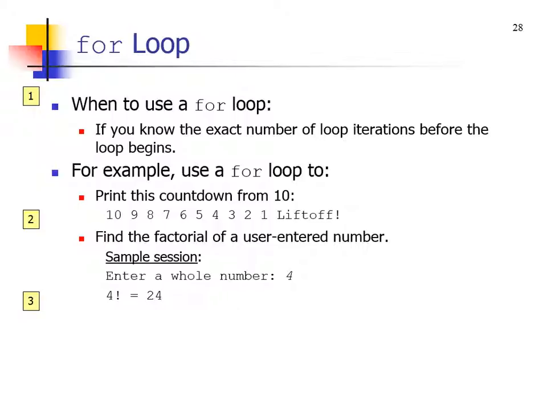Alright. Let's find the factorial of a user entered number. The number is 4. What does it mean? While x is not 0, you take x times, in this case, x times x minus 1, and you keep doing that.